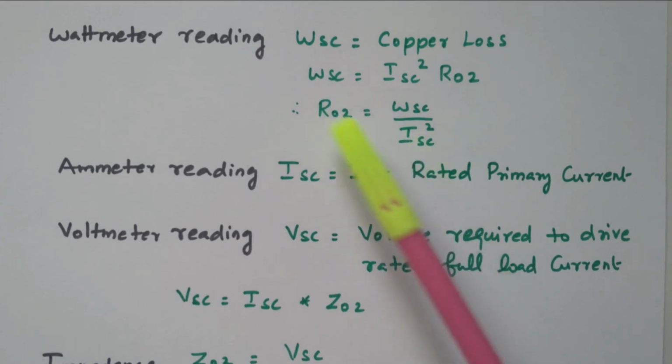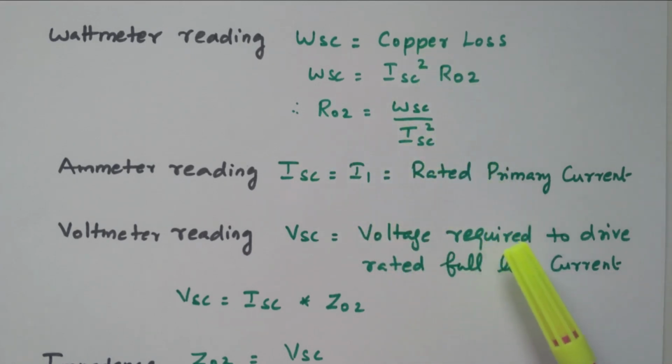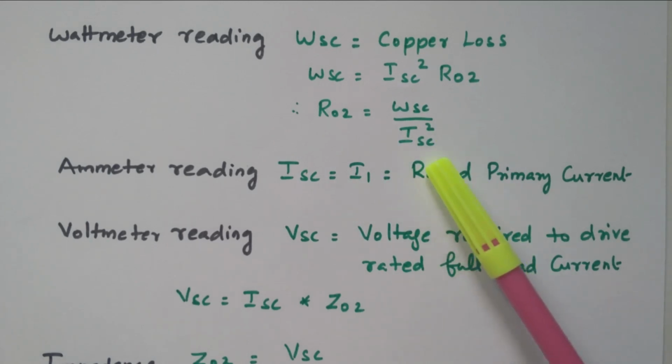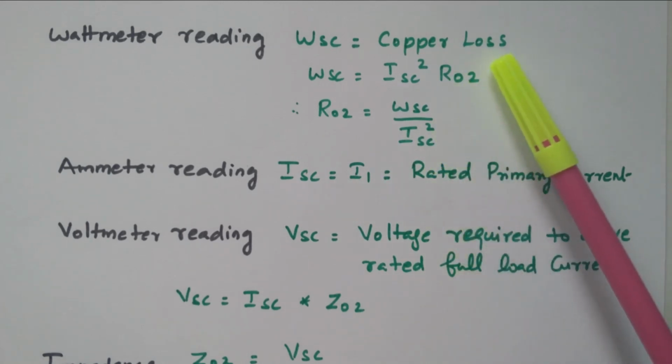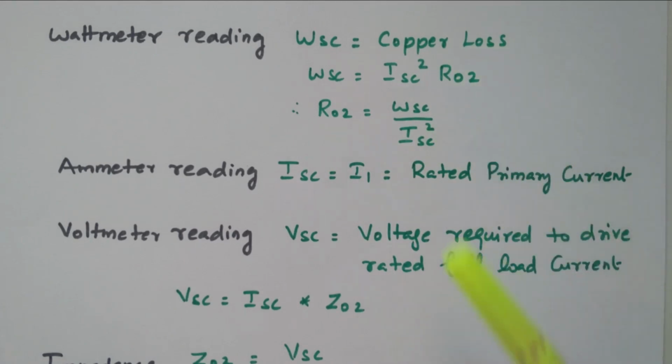The equivalent resistance of the transformer is calculated from this wattmeter reading: R02 equals WSC divided by ISC square. We assume that we only have copper loss, iron loss is neglected. So the ammeter reading is nothing but the short circuit current ISC, which is equal to I1, the rated primary current.